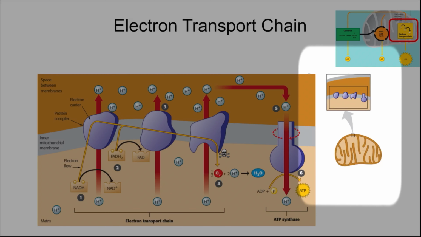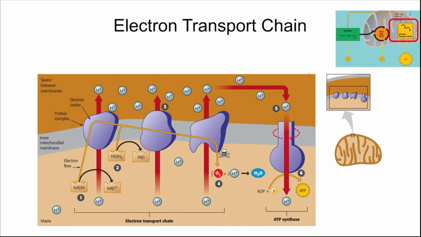Remember where you are on the mitochondria. You're looking at the surface of the inner membrane. These protein complexes are touching both the matrix and the intermembrane space. The next thing you should notice is that there's a high concentration of hydrogen ions in the intermembrane space, and there's a lower concentration of hydrogen ions in the matrix.